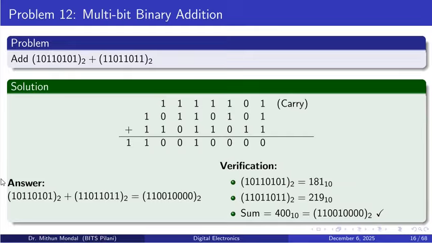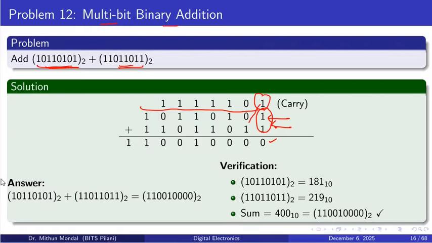Now, if we have multi-bit binary addition, where many bits are there and we are adding them, the same process is followed as in the earlier example. Here we have the first binary number 10110101, which is written here. The second one we write here, and then we add, 1 plus 1 is 10. So we get the sum 0 with the carry 1.